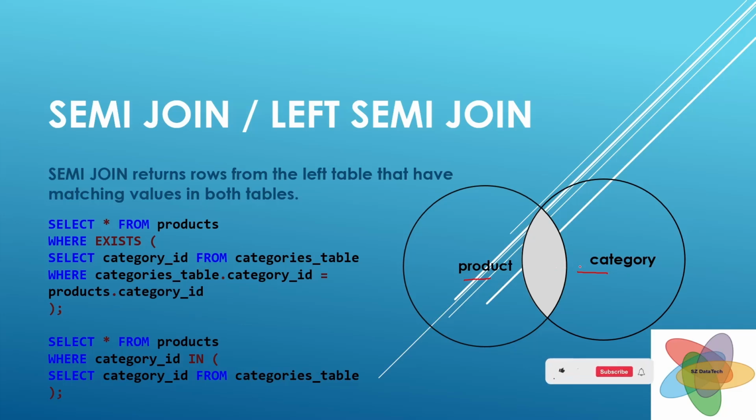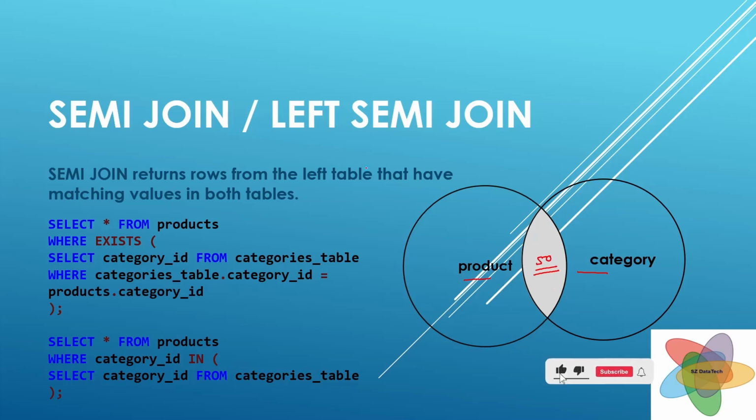Let me repeat it again. In case of inner join, we have rows which are matching the category ID value in both the tables. If there are 50 records, then we will get output as 50 rows.